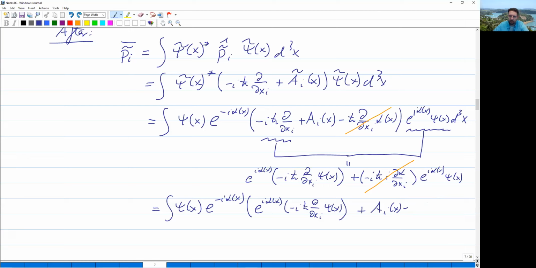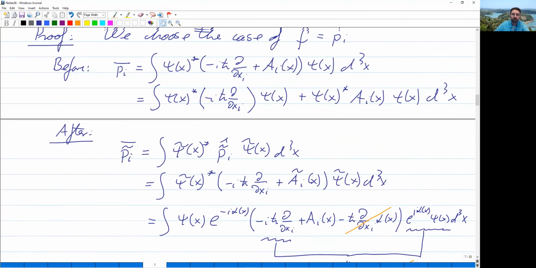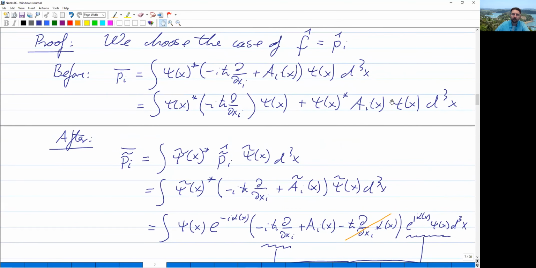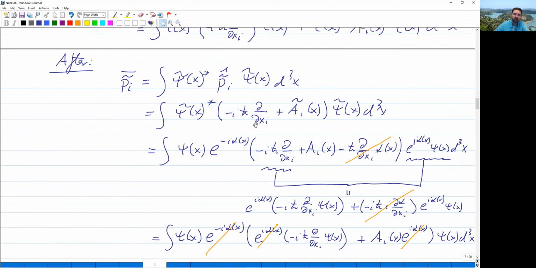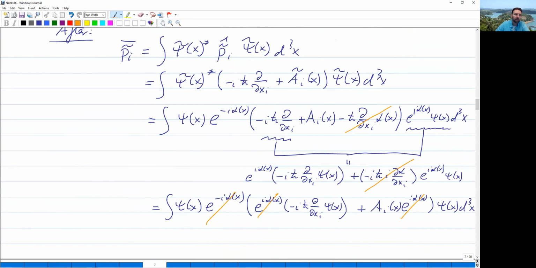It goes here, e to the i alpha of x, and then here psi of x, d^3x. Okay, so now we have that this cancels that, and we now recognize that what we are left with is exactly matching the two terms that we have in here. These are exactly the two terms, and therefore we can conclude that this is equal to p bar.